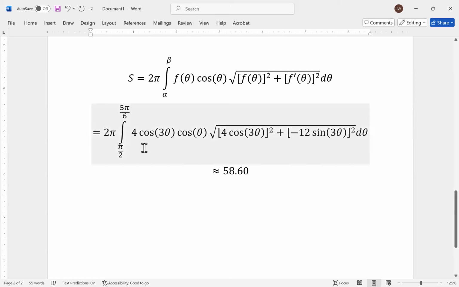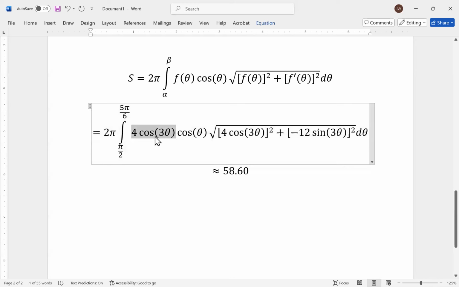So again, the reason why this came out as a negative was because my radius technically came from my x value, and every time in this example, my x value was to the left of the y-axis, or in other words, to the left of the line theta equals pi over 2.